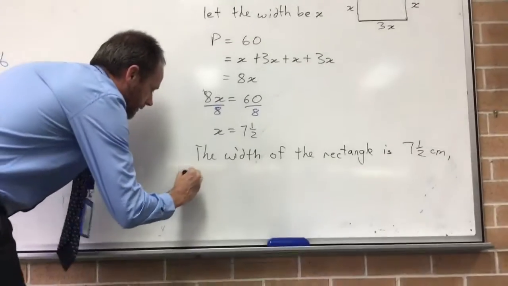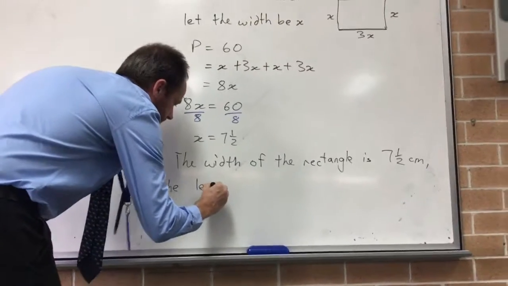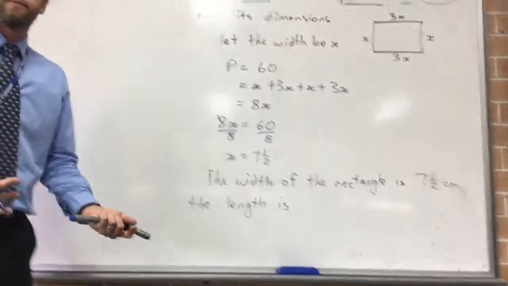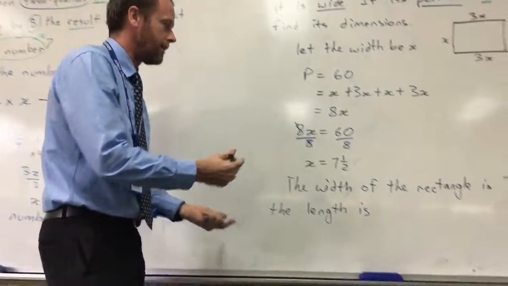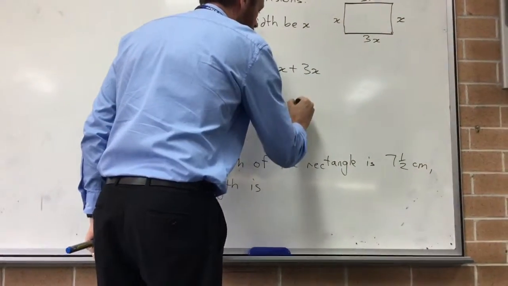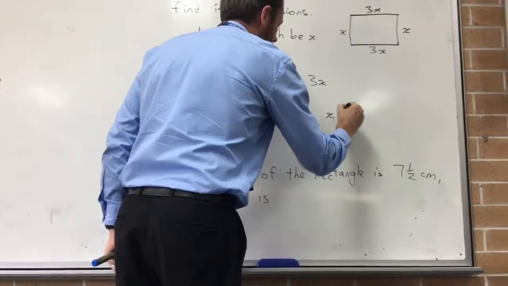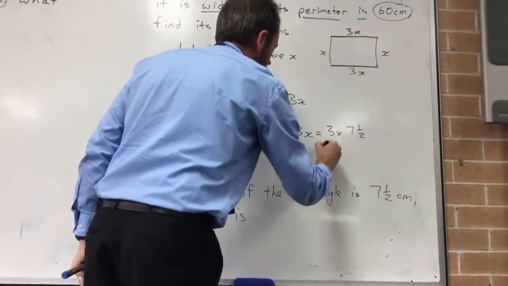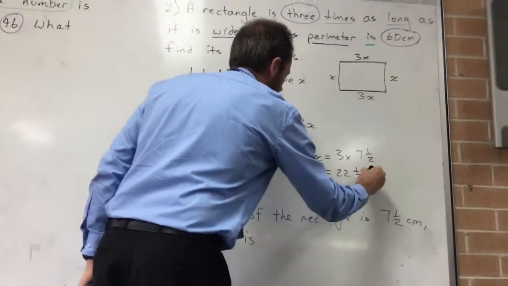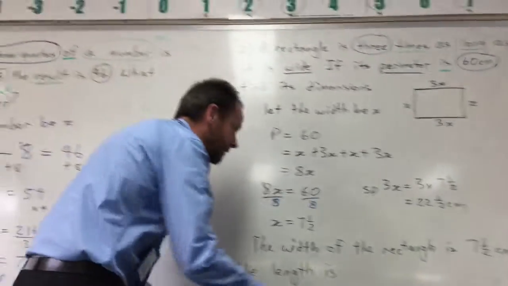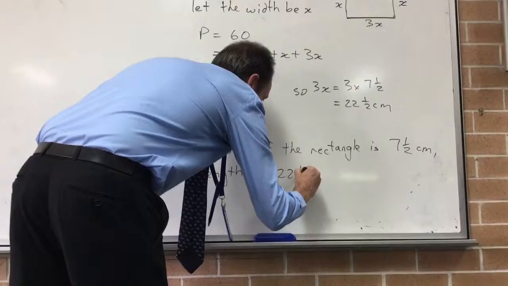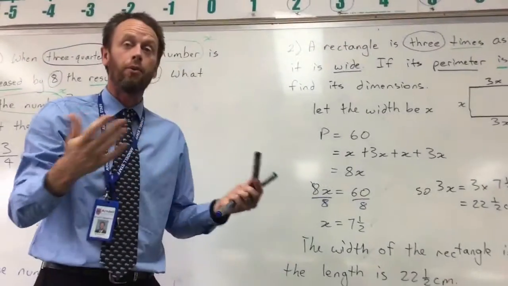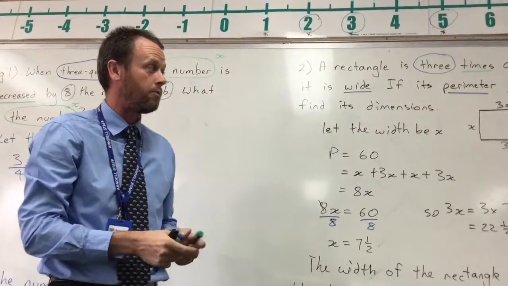The length is 7.5 times 3. Now I could have done that here. So up here, 3x is equal to 3 times 7.5, which is 22.5 centimetres. So the length is 22.5 centimetres.